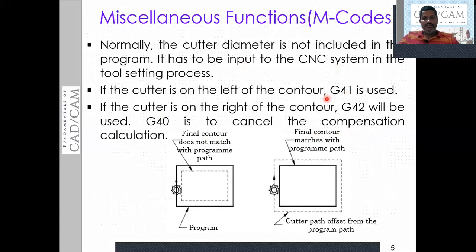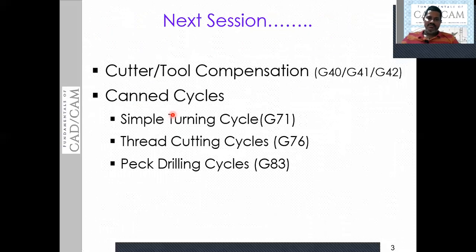When the tool is moving on the left side of the component, we need to use G41 to compensate the tool nose radius. Whenever we are performing the operation on the right side of the component, we use G42 to compensate the tool radius. To cancel the compensation, we have to use G40. So this is what we have discussed as of now.